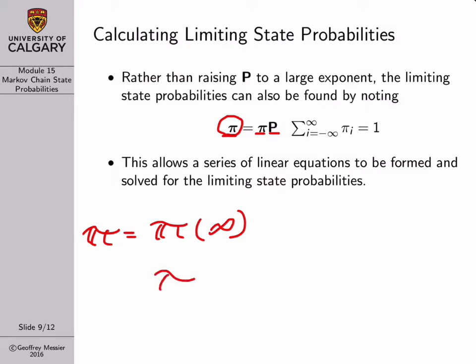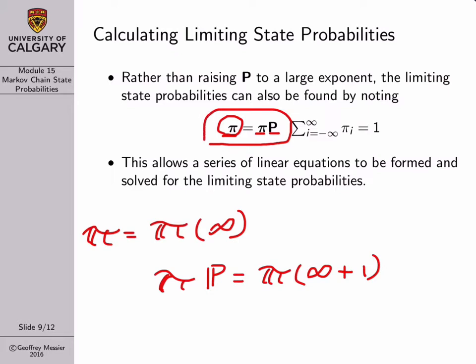So if we take our vector and we multiply it by P, we get our state vector at basically infinity plus 1 time steps, but that shouldn't change the vector at all, right? So that observation allows us to write this first equation. The second observation is that our limiting state probabilities always have to add up to 1. So using these two observations, and I'm going to show you an example of this on the next few slides, we can develop a series of linear equations that can be solved using something called a pseudo-inverse.